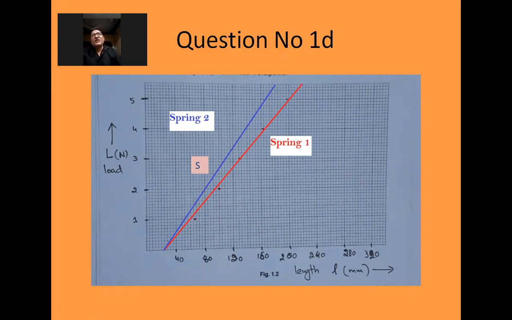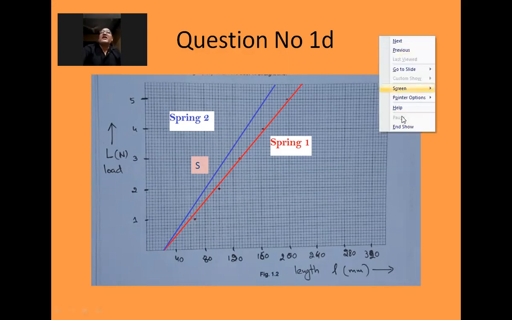And when you apply load to spring number 2, the extension will be less. So the length of the spring will be smaller for the same load as compared to spring number 1. You can see the blue line represents spring number 2, and we have labeled the blue graph S.